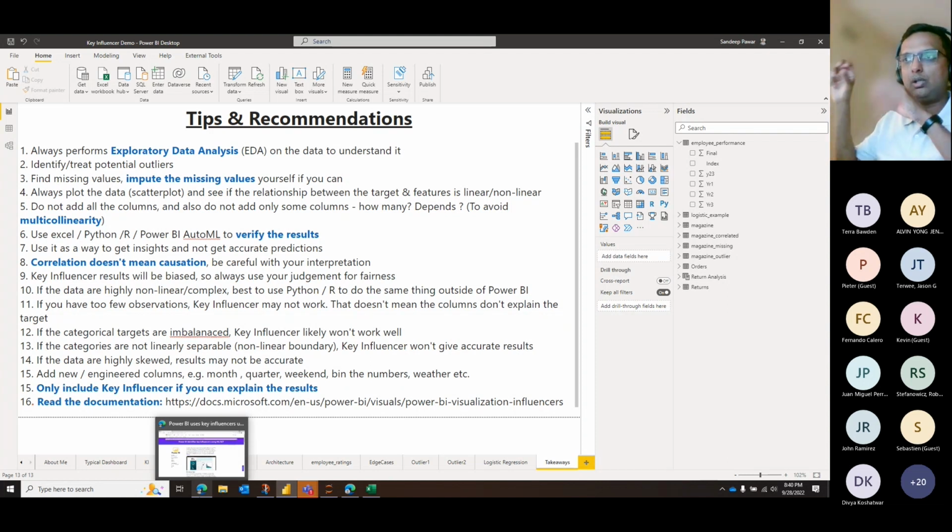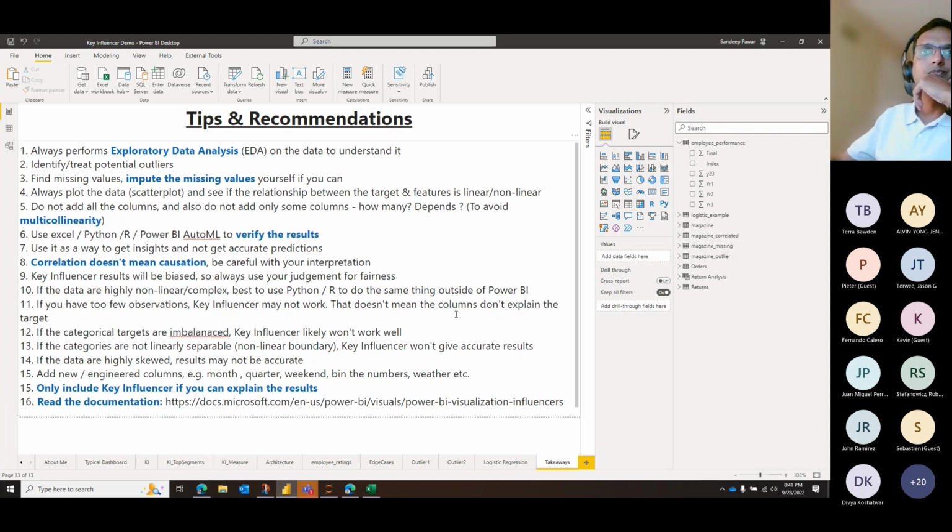The linear regression, logistic regression, they don't handle that very well. So it won't work that way. If you're looking at the categorical that we talked about, meaning returned is 50%, not returned is 50%. So even the case that I showed, our overall return was 1%, so it's actually not a good scenario to use the key influencer visual. So keep that in mind.